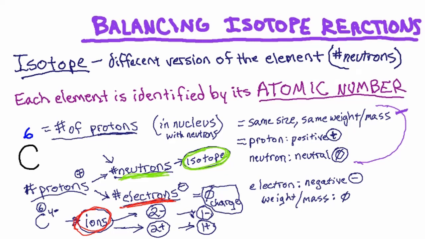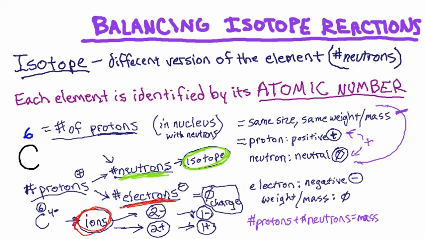So in order to get the weight or the mass of this element, you add the number of protons plus the number of neutrons. So the number of protons plus the number of neutrons is the mass, the atomic mass.